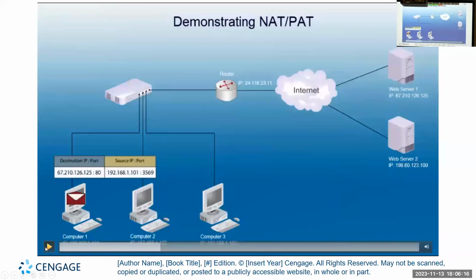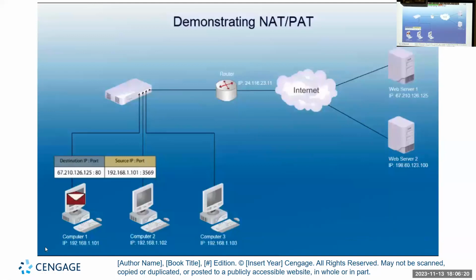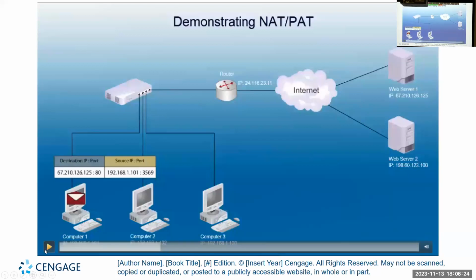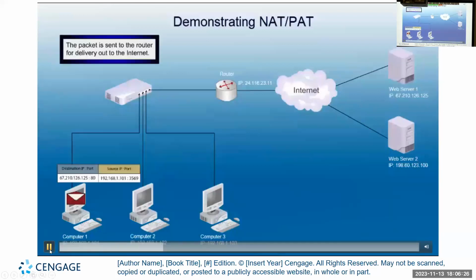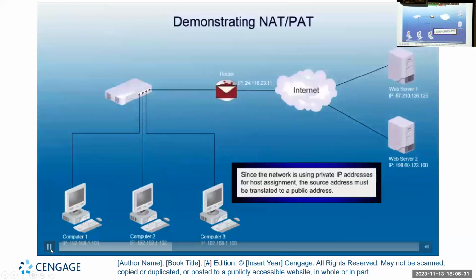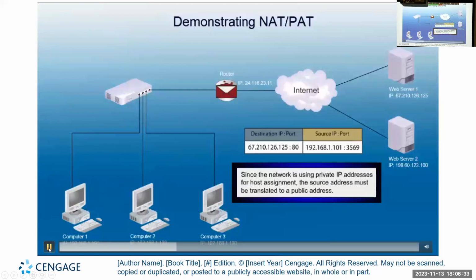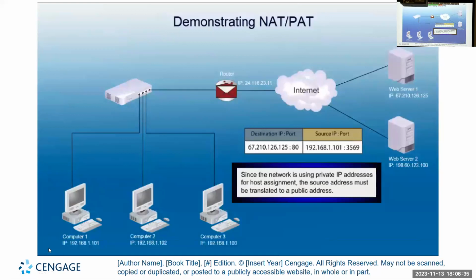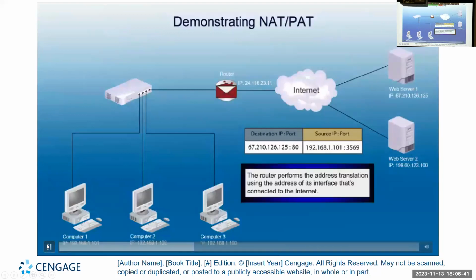So a lot of times IP address and port are just shown with the IP address, a colon, and then the port number. So that's how the packet leaves the computer. And when it gets to the router connected to the internet, the router will see that it's a private address, and it will perform a network address translation on it.